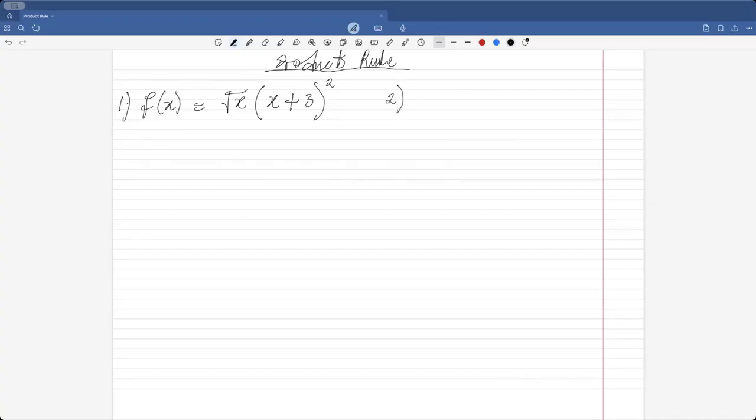The second question will be x square root of x plus 1.